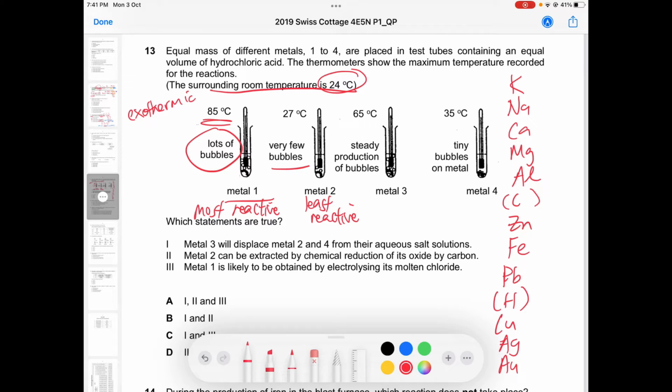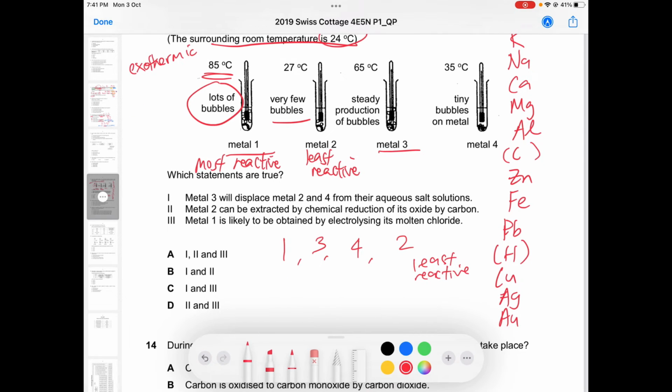So which statement is true? The most reactive is 1, followed by 3, followed by 4, followed by 2. So this is the least reactive. Which statement is true? Method 3 will displace 2 and 4. Is it true?